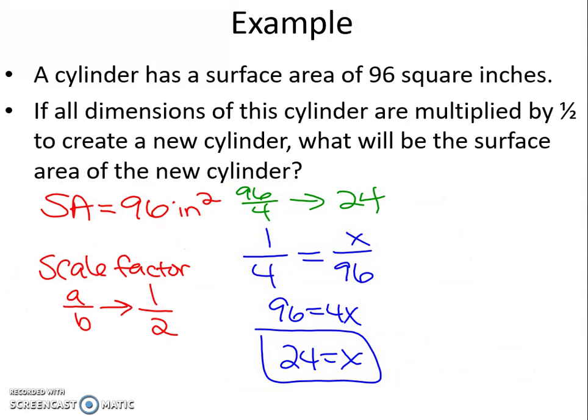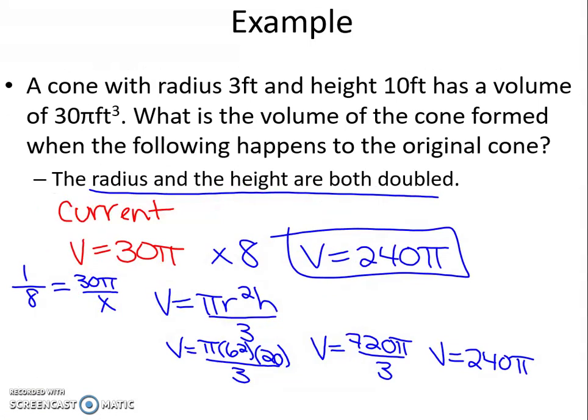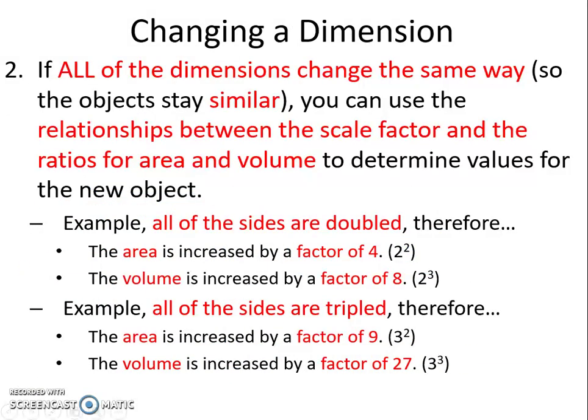Let's take a look at another one. If a cylinder has a surface area of 96 square inches, if all dimensions of this cylinder are multiplied by 1/2 to create the new cylinder, what will be the surface area of the new cylinder? So the scale factor is 1/2. So here, instead of doubling, if you cut it in half, then you will divide by 4 because it's area.